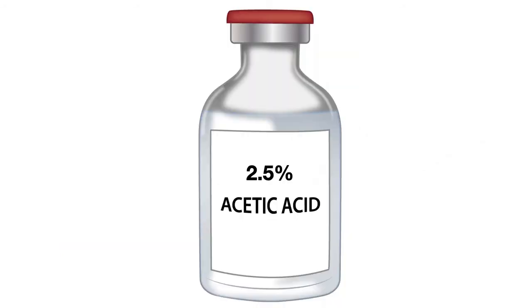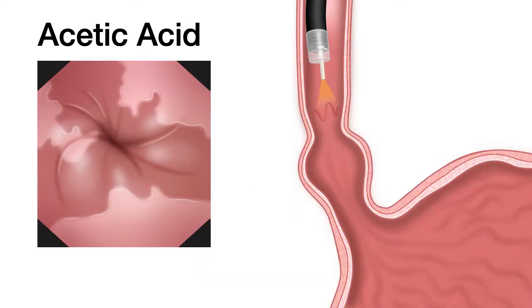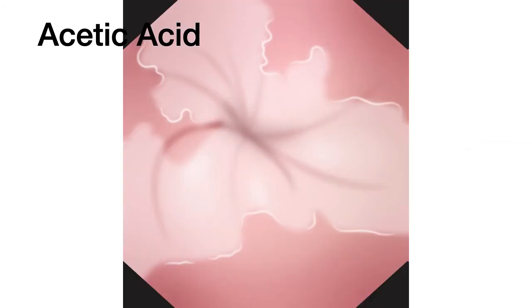Next, let us look at acetic acid, and this is vinegar. When you go in and spray it onto the Barrett's esophagus, the Barrett's esophagus turns white. It is called acetowhitening. And the dysplastic cells don't keep that whitening for a long time.